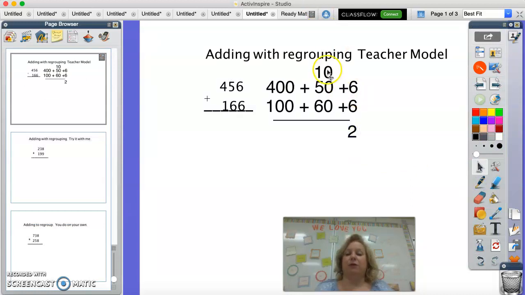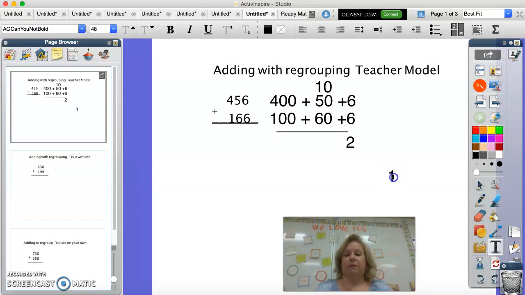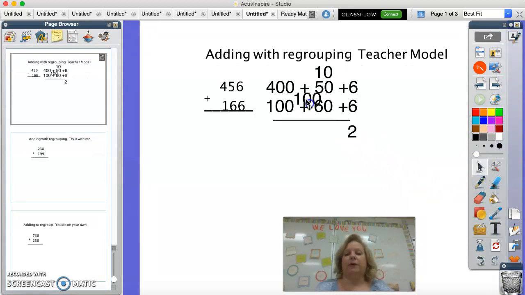Here you have 50, 60, and another 6 which would be 120. So now you've got to take that 100 and regroup it to your hundreds place. So this is my 100 that I'm going to regroup up here.